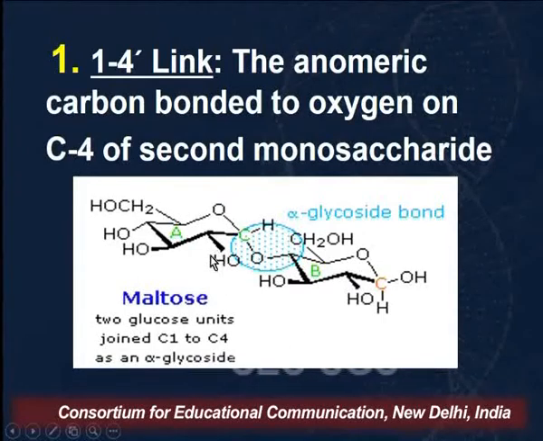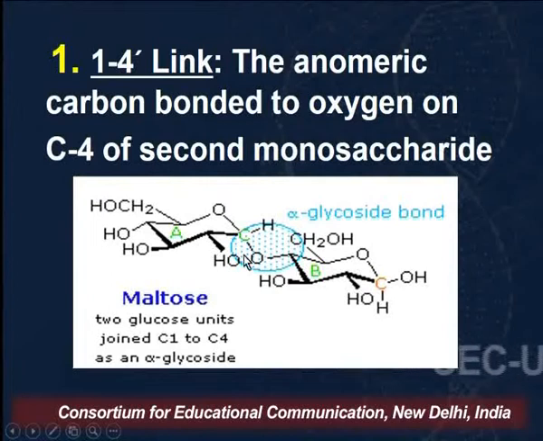What you can see here is that this is the anomeric carbon, and this carbon is bonded to the alkoxy group, or to the oxygen which is attached to the fourth carbon of the second monosaccharide. And what we get here is a maltose. The disaccharide formed here is maltose.